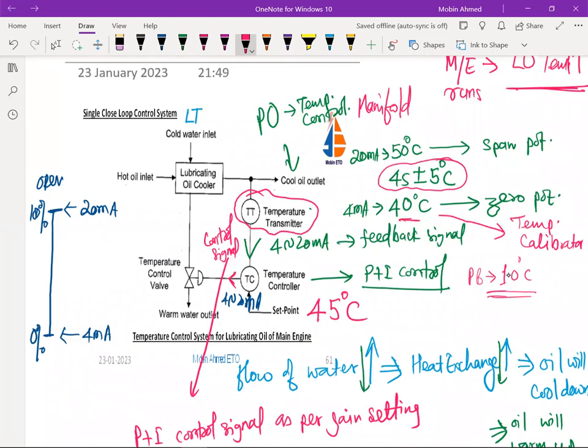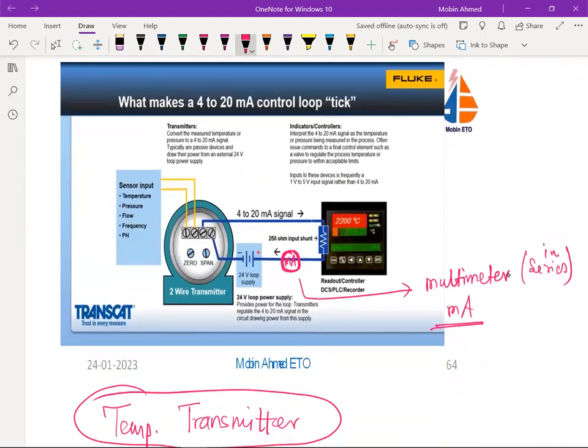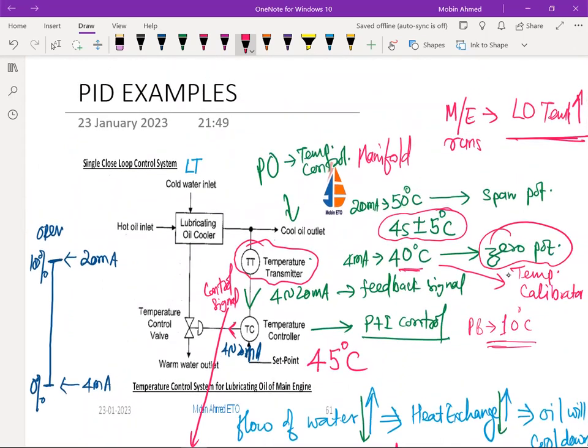Set the temperature to 40 degrees centigrade, and when it reaches 40 degrees centigrade, it is supposed to read 4 milliampere. If it is not reading 4 milliampere, you have to set it by the zero potentiometer. I already told you that yesterday also. So this is the zero we are going to adjust.